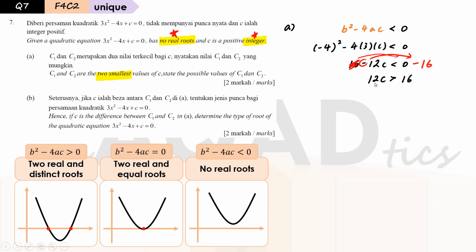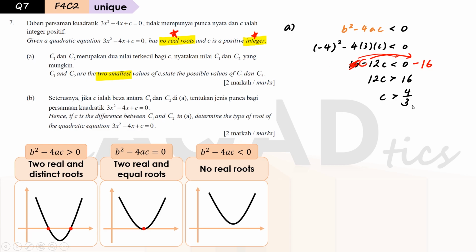Now the 12, we can safely move it to the other side, and we know that c is greater than 4 over 3. Going back to here, it says that c1 and c2 are the two smallest values, and we also know that c is an integer.